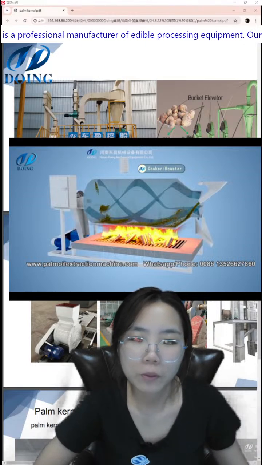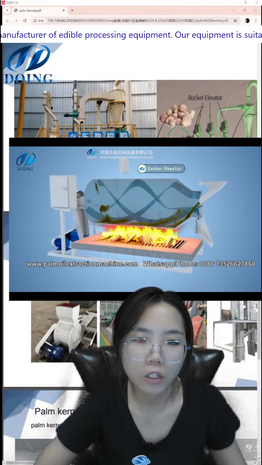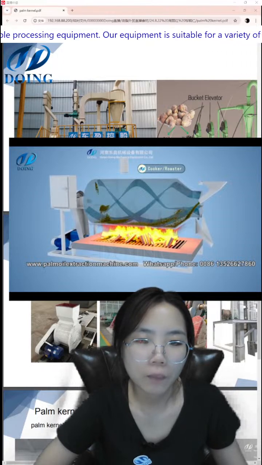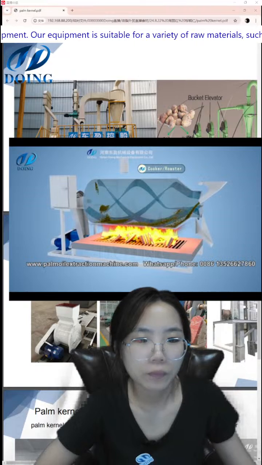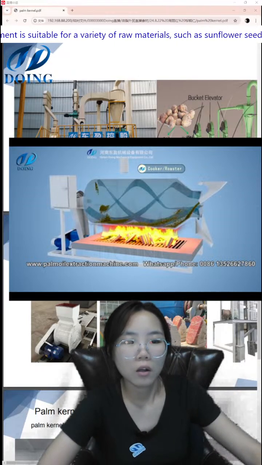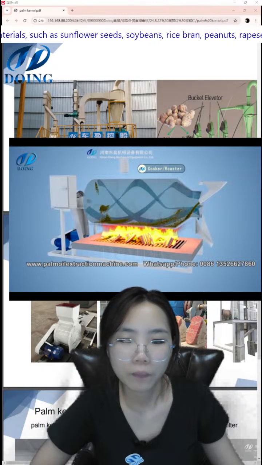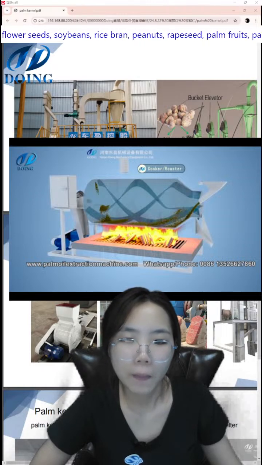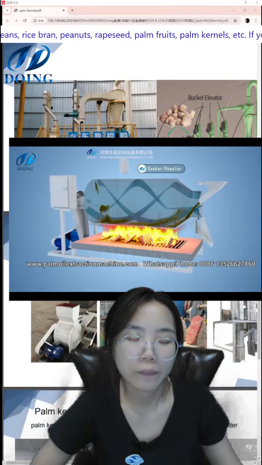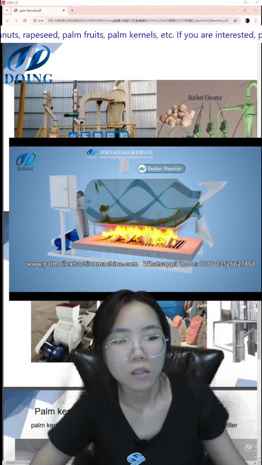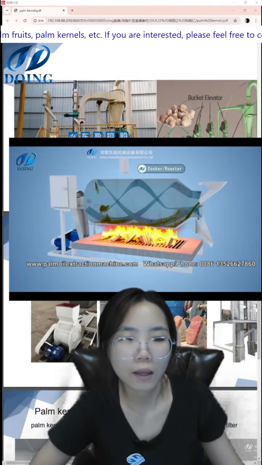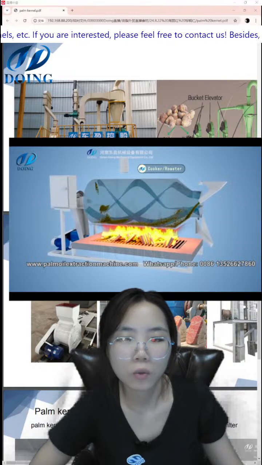After the separation, the kernel and the shell can be used as fuel and recycled. The palm kernel with the proper temperature and water level is lifted into the oil press through the bucket elevator.